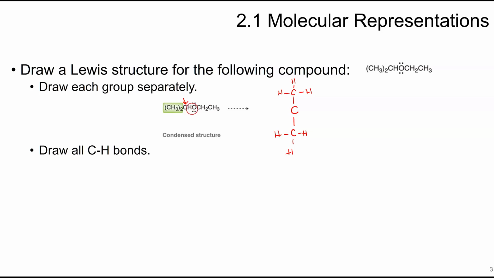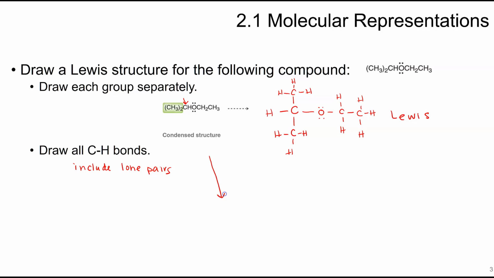On this carbon also, there's a hydrogen. There's an oxygen with 2 lone pairs. And then the CH2, and then CH3. We have to draw out all of the CH bonds and then include lone pairs. So this is the Lewis version.